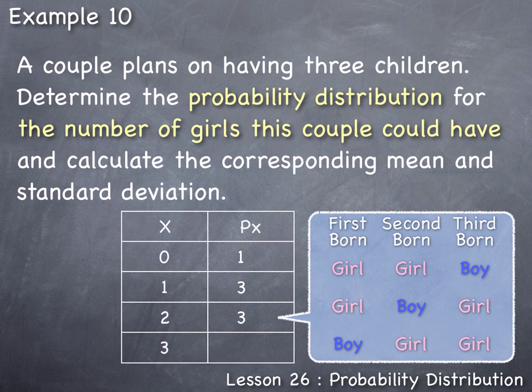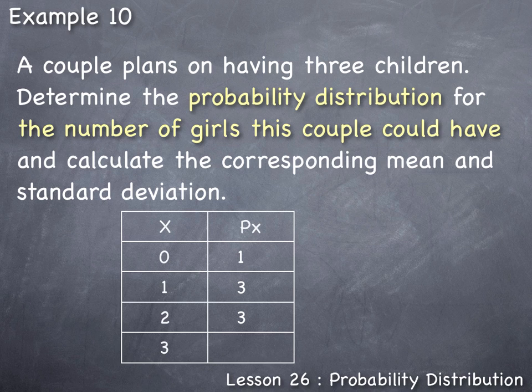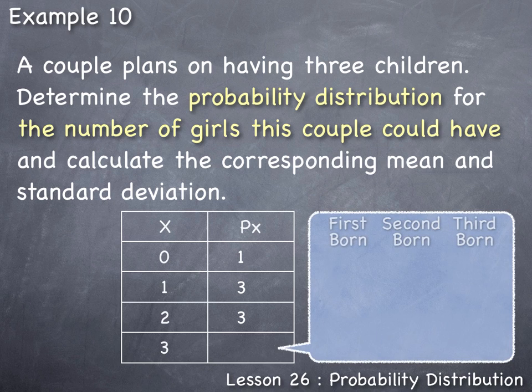Now finally, to find the probability that x equals 3, that is, all 3 children are girls, there's only one way that can occur. That is, the firstborn is a girl, the secondborn is a girl, and the thirdborn is a girl. There's only one way to have all x equals 3 children girls. So now we've counted all the possible outcomes.